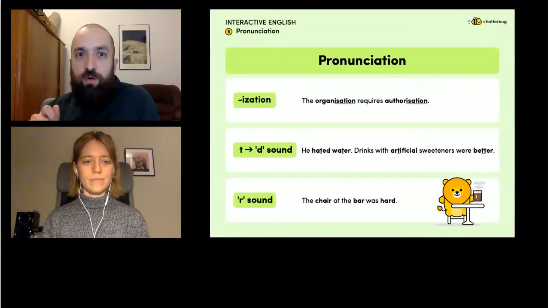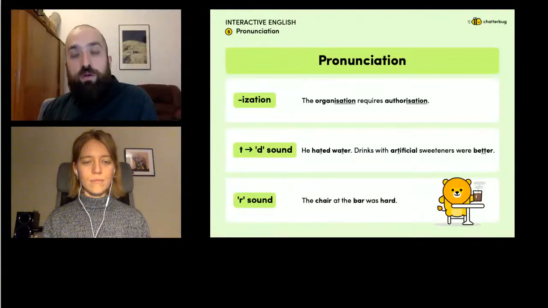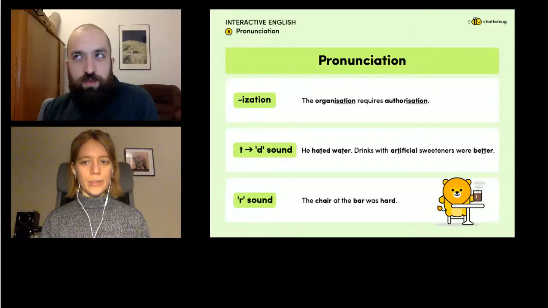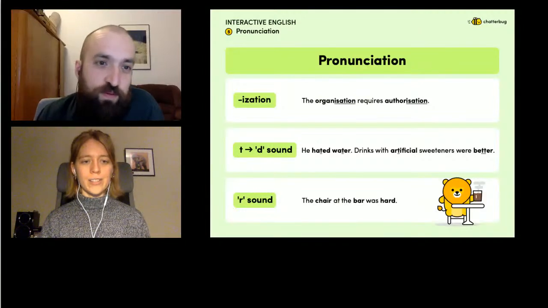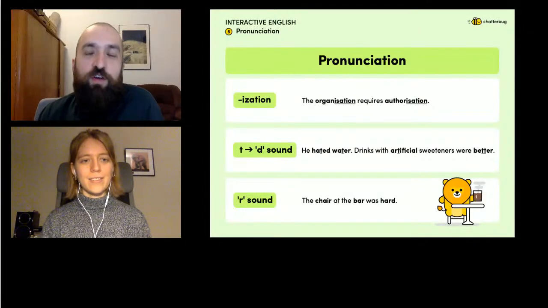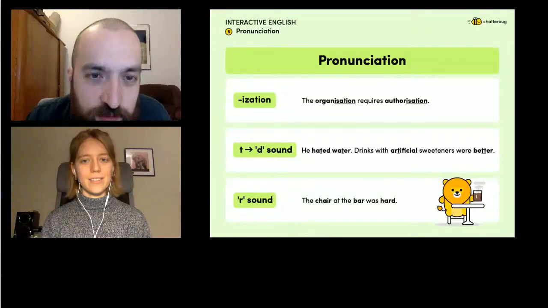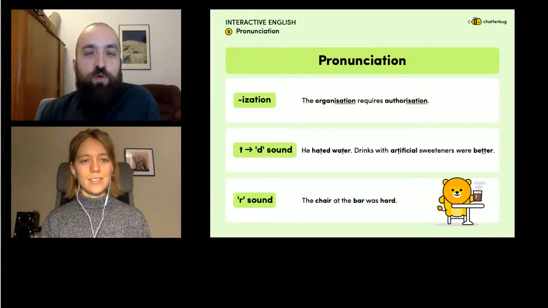Organization, organize. How do you say it? The organization. So yeah, I guess it's a little bit different. Yeah, it's organization, a softer I.